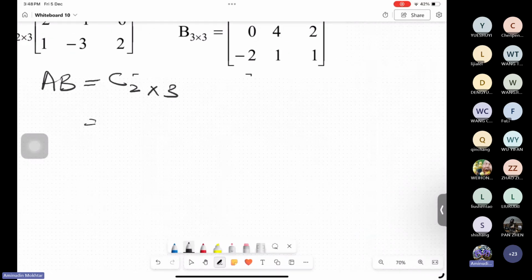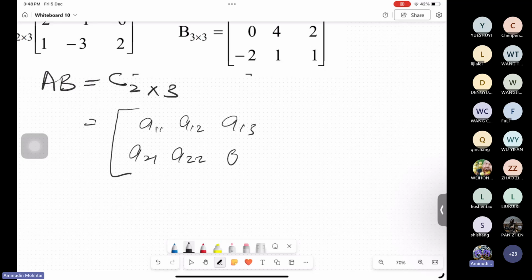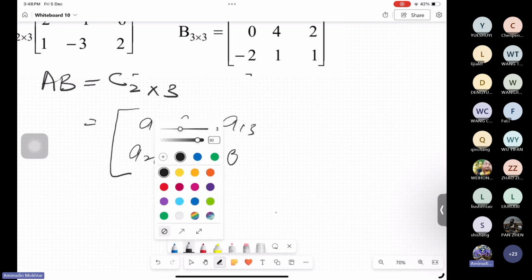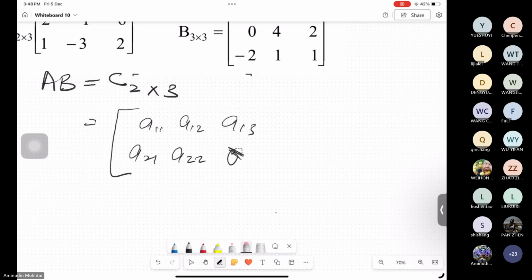So what is the matrix C? What is a matrix of 2 times 3? We are going to have 2 rows and 3 columns: a11, a12, a13, a21, a22, a23, where each is a number, any number. It could be positive or negative.